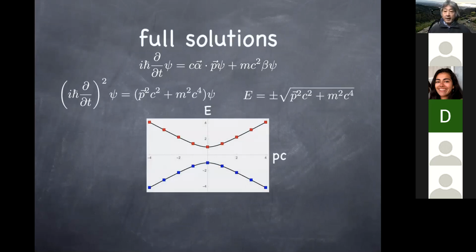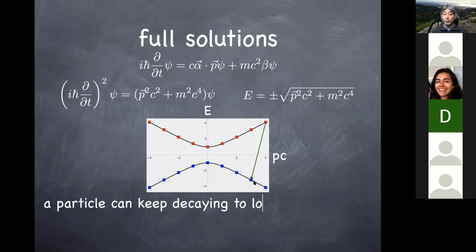So now that you have these negative energy solutions, there was a big concern, namely that if you have an electron with a positive energy, it may decay into a negative energy solution. Then no electron turns out to be stable, and they keep falling into these negative energy states, and that would be a problem. So the trick Dirac came up with is to say, well, okay, we got these negative energy solutions.